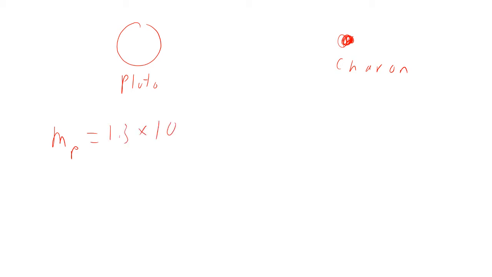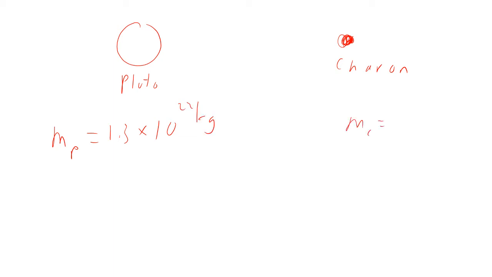Let's say, for example, that we've got Pluto and its moon Charon. Okay, so Pluto has a mass of 1.3 times 10 to the 22nd kilograms.